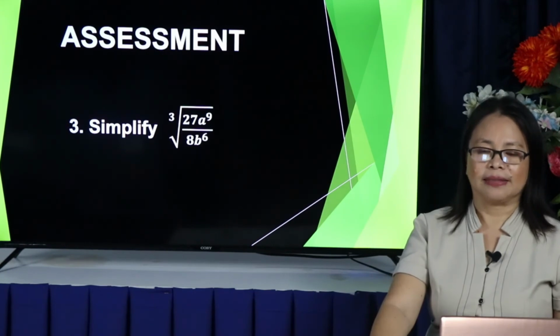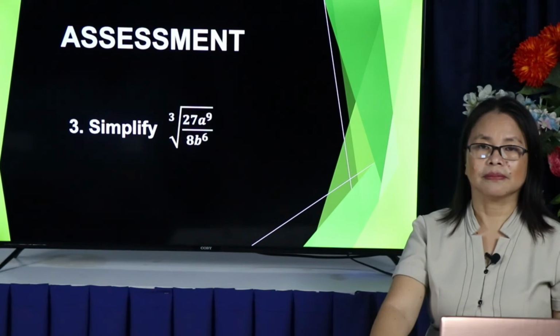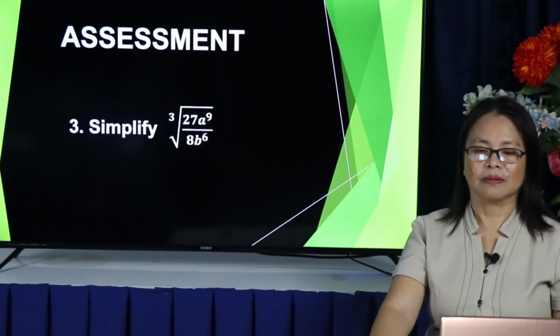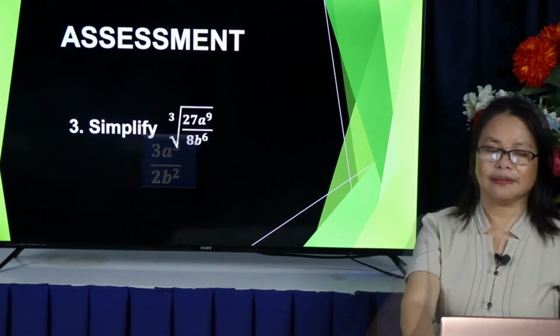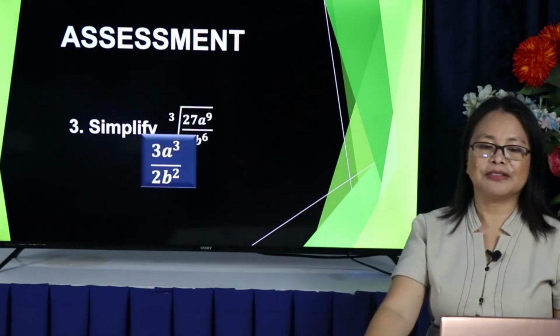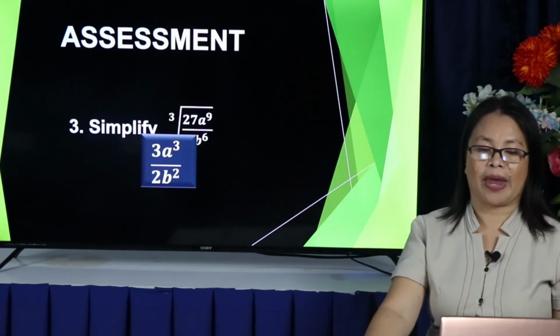You have 20 seconds. The correct answer is 3a cubed divided by 2b squared.